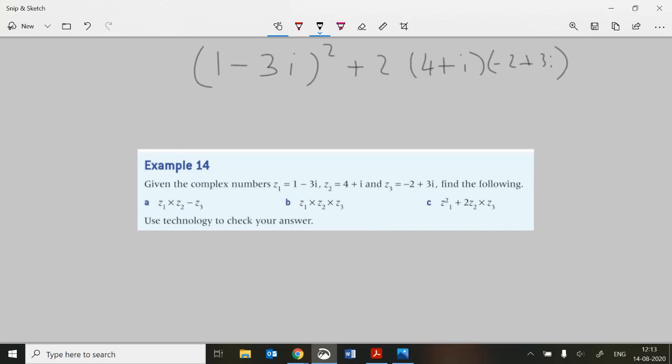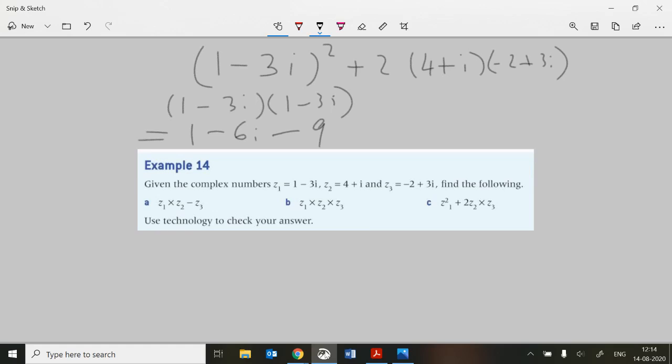And again, it's just a matter of lines of working out and being accurate in this case. So multiplying this one out here, getting 1 minus 3i, 1 minus 3i. We multiply that out, we're getting 1. We're getting 2 lots of the middle term, so we're getting minus 6i. And then we're getting minus 3 times minus 3 is plus 9, but then, of course, the i times the i brings it back to minus again. So we're getting that for this one here.